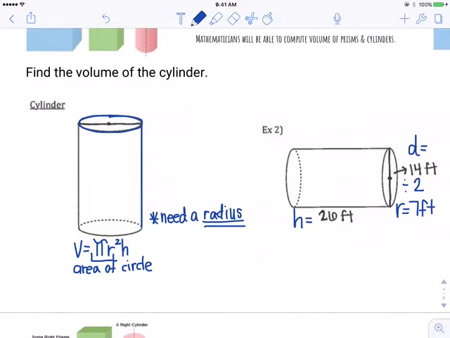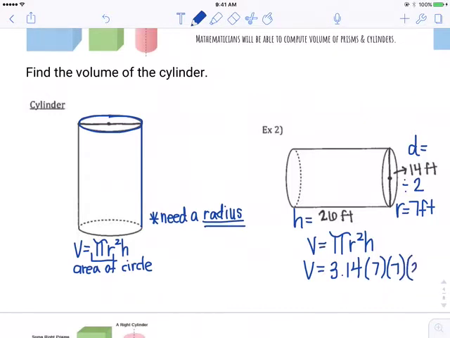So if I write that formula down, volume equals pi r squared h. We're going to plug everything in. So volume equals 3.14 should always be used for pi. And then we have to square our radius. So I'm actually going to write it out. So instead of writing 7 squared, I'm going to write 7 times 7. That helps me remember that I'm squaring it by multiplying it by itself.